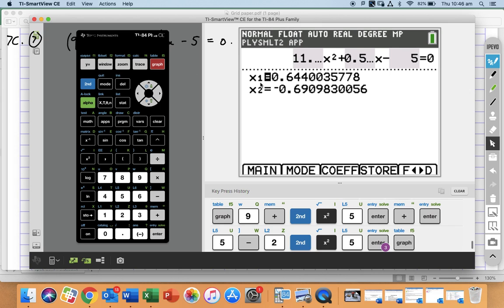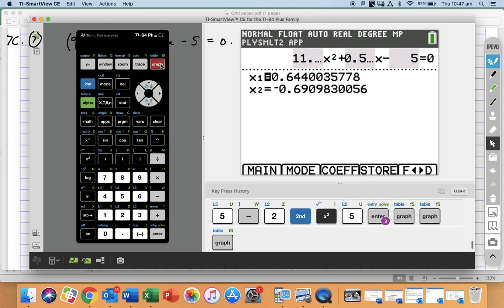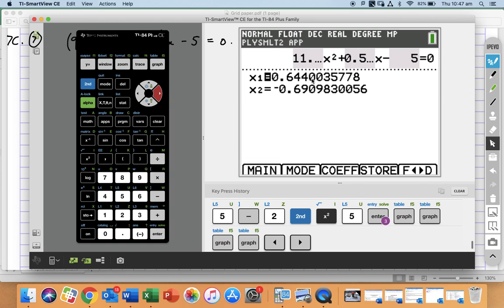And unfortunately for me, it's giving me the answer as a decimal, which is typical Texas Instruments. They have this fraction to decimal button down the bottom, but it's not working. I'm not really sure why that is. On the Casios, it's a bit easier to show surds and decimals.